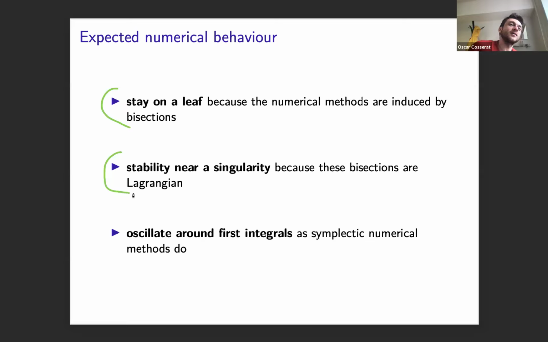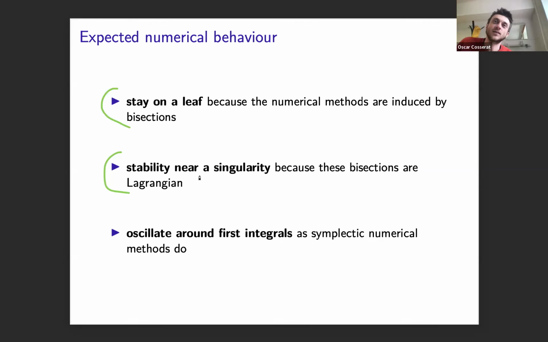The second remark is a bit more involved, or a bit more informal. We expect this numerical method to be stable near a singularity because these bisections are Lagrangian.